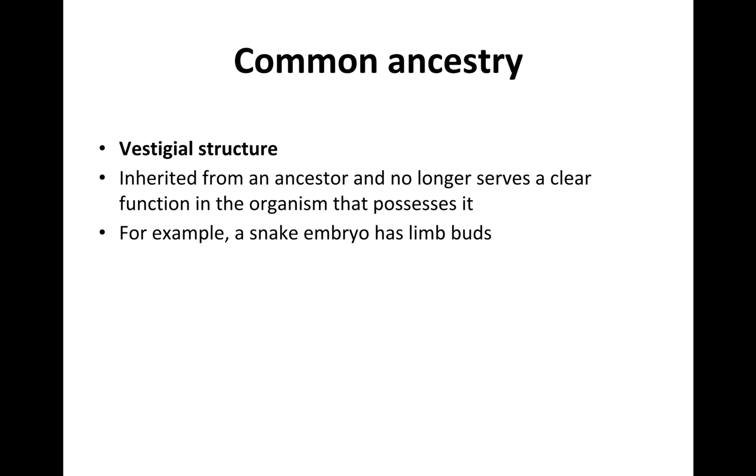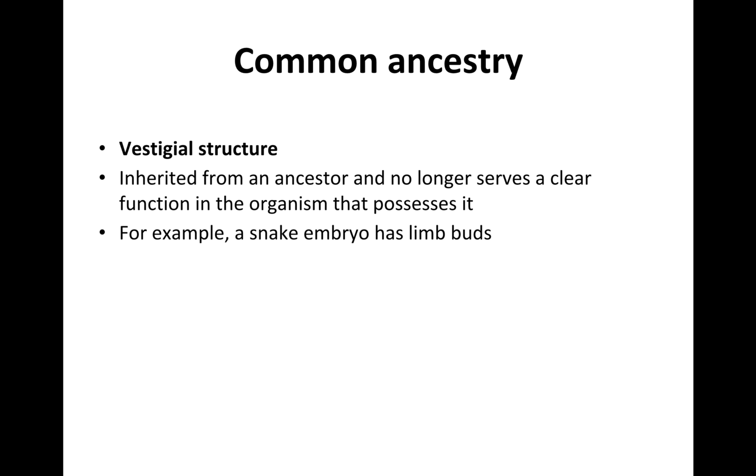Vestigial structures are another piece of evidence of our evolutionary past, and what they are is structures that no longer serve a clear function. The example the book uses is that a snake embryo has limb buds, which implies that snakes in their evolutionary past had legs, arms, and feet.